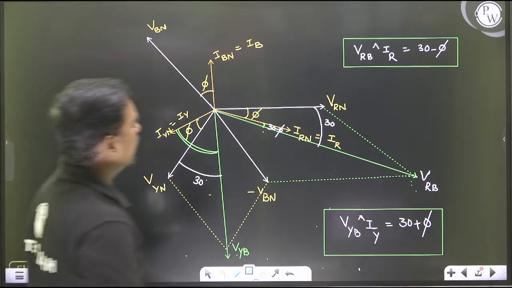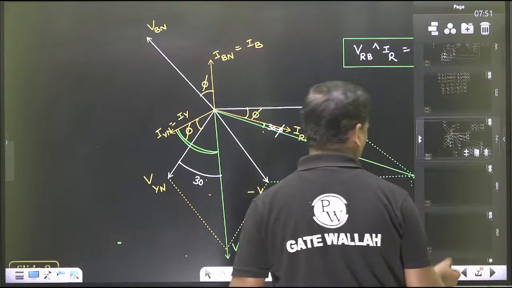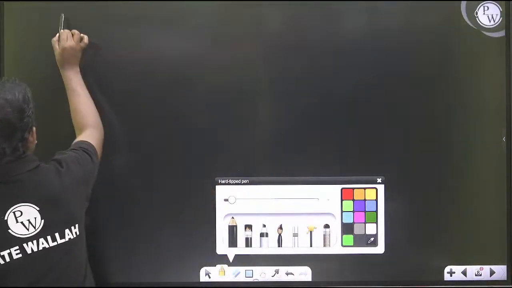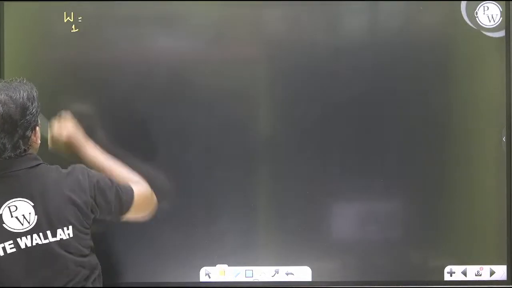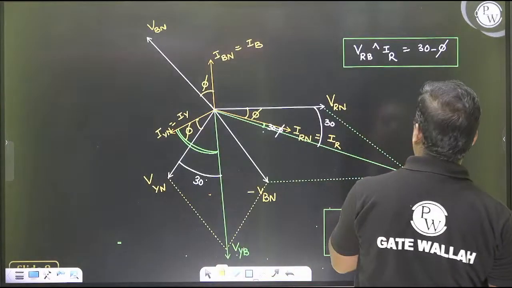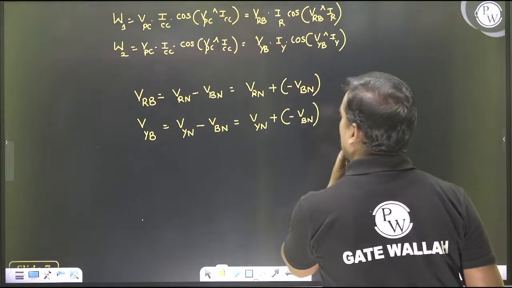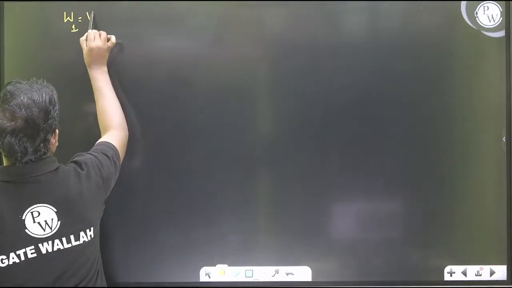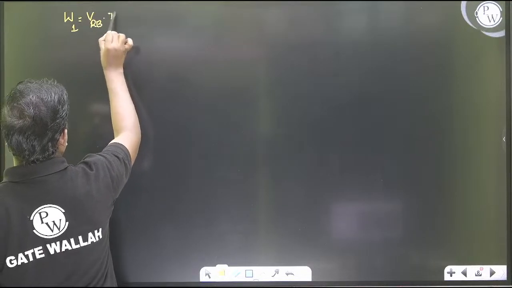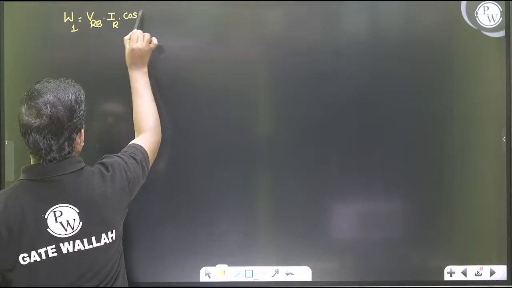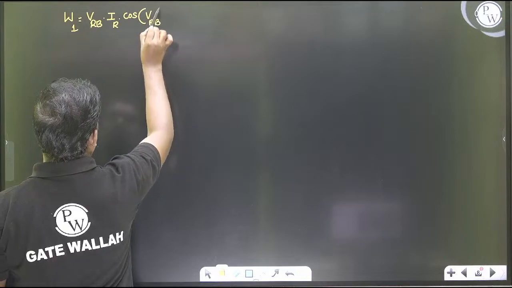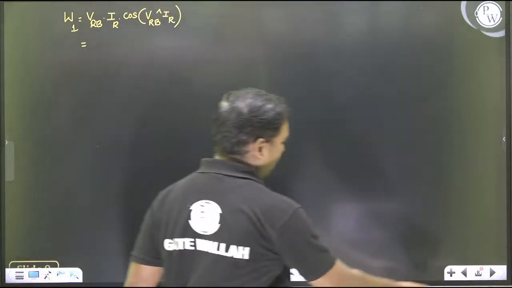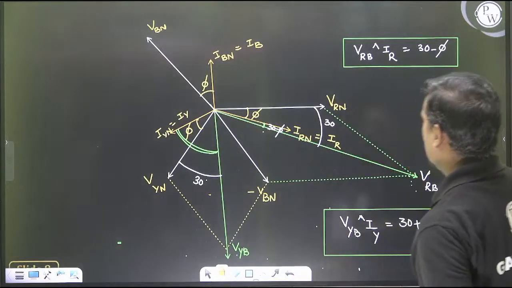So W1 is equal to what? W1 can be written as VRB into IR cosine. What is the VRB here? The VRB is nothing but the line voltage.